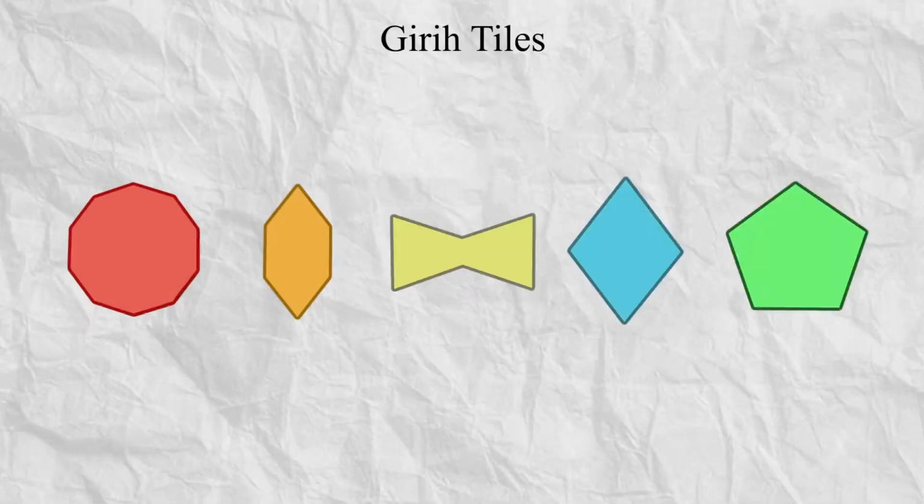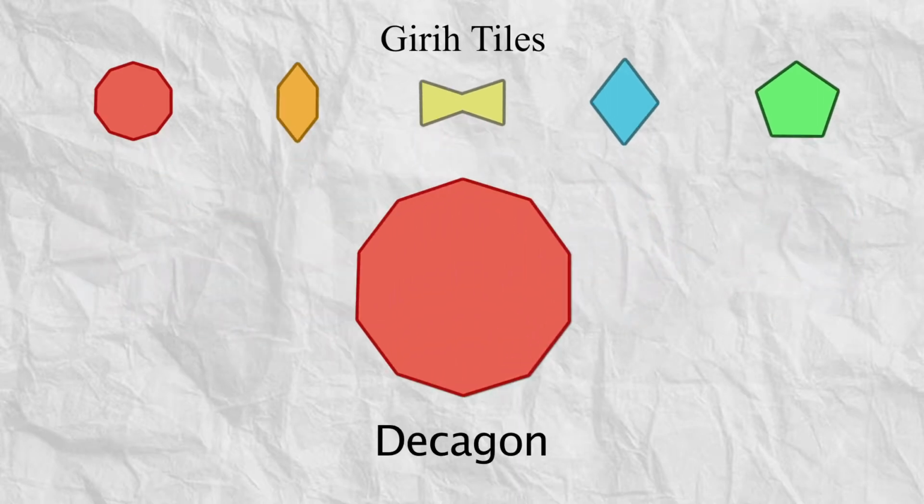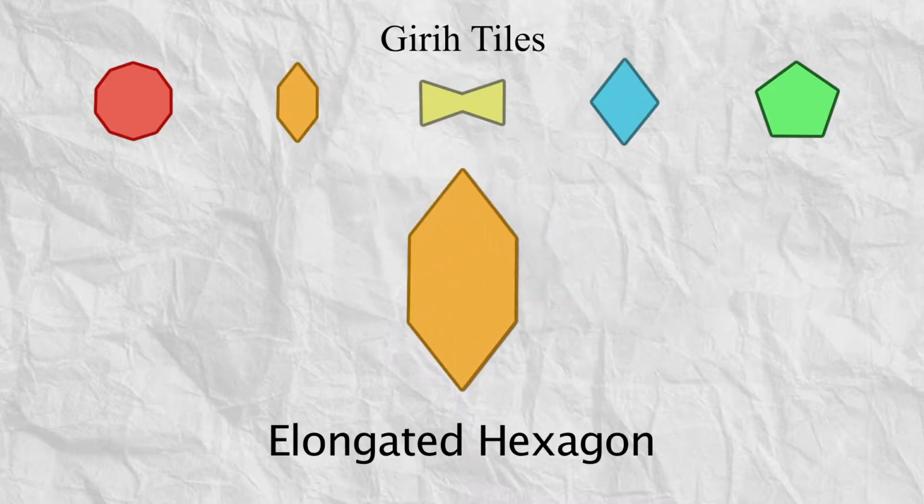These were the tiles: a regular decagon with 10 interior angles of 144 degrees, an elongated irregular convex hexagon with interior angles of 72 degrees, 144 degrees, 144 degrees, 72 degrees, 144 degrees, and 144 degrees.